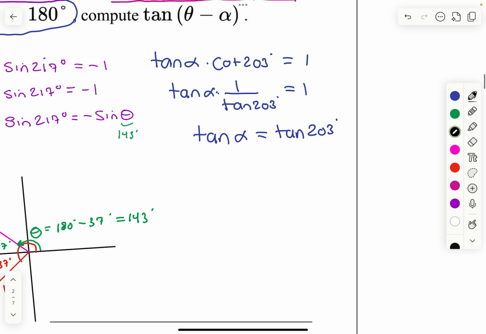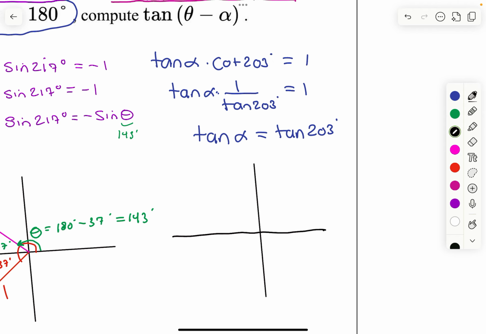So let's draw the picture. I know that tangent is the slope. So if I rotate 203 degrees, that would be 180 plus 23 degrees. So that's 23 degrees, and the slope of this line would be tangent of 203 degrees.